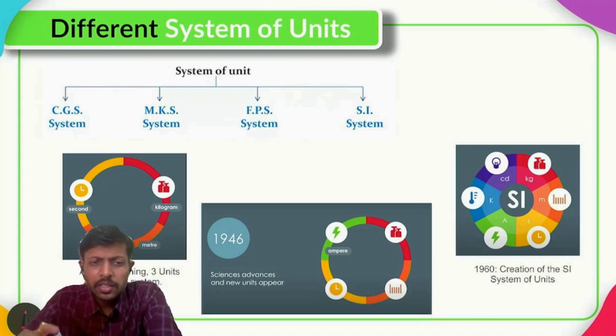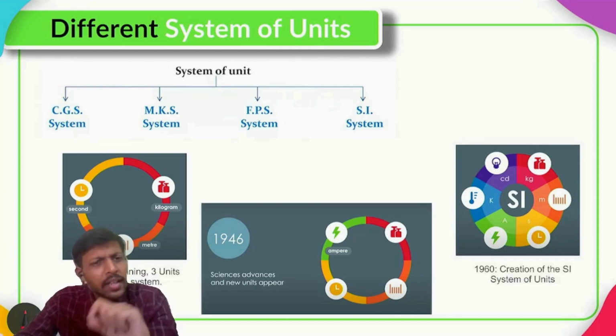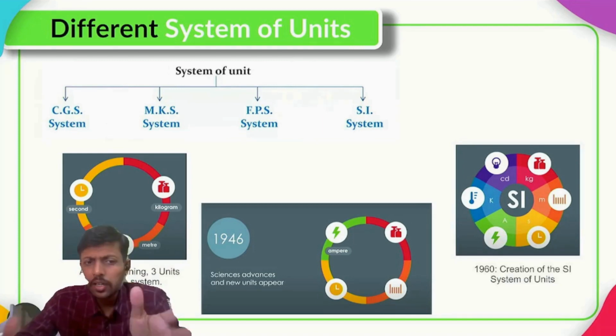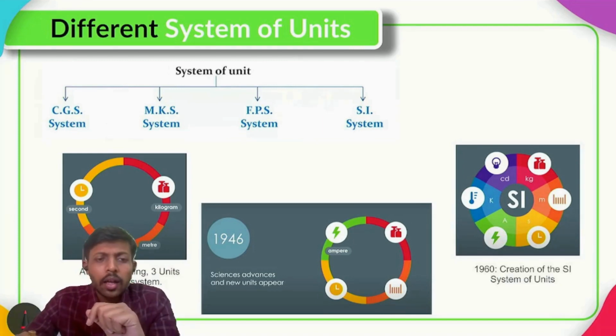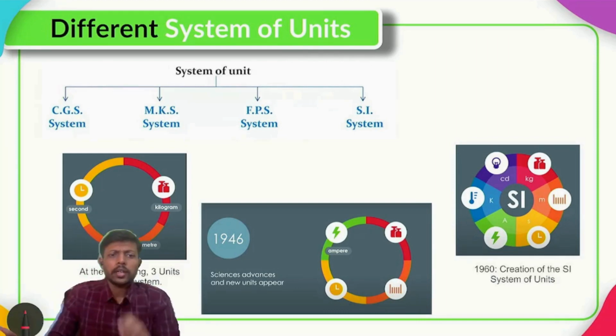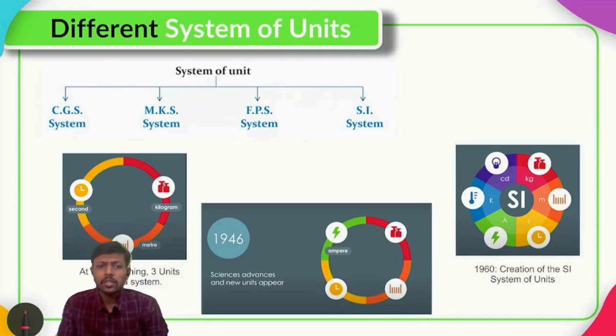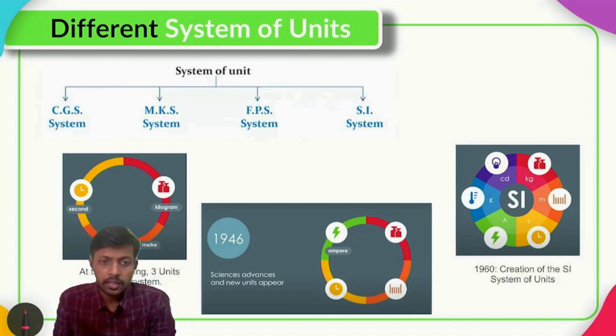That is because, as we discussed earlier, when the scientific community started organizing stuff, we had a certain amount of physical quantities. We already knew about those. And we thought that, okay, three quantities are actually sufficient to help us represent everything there is in the world.